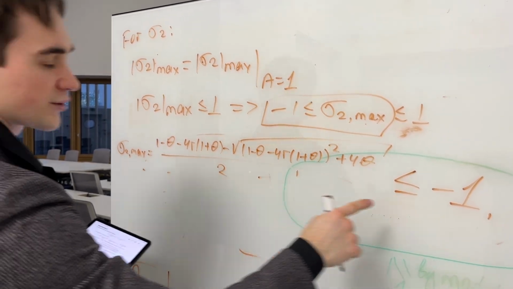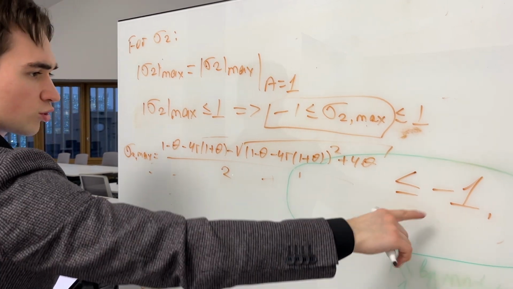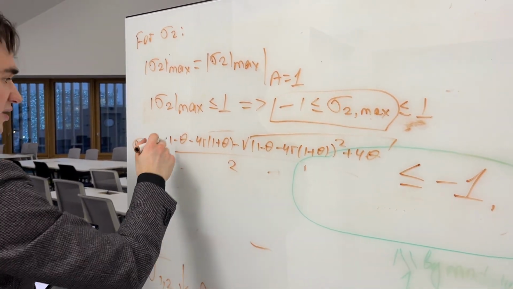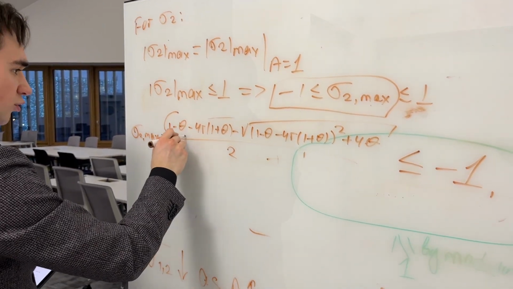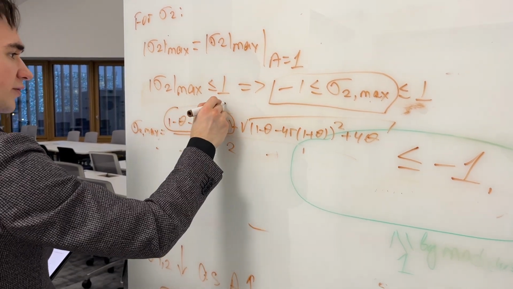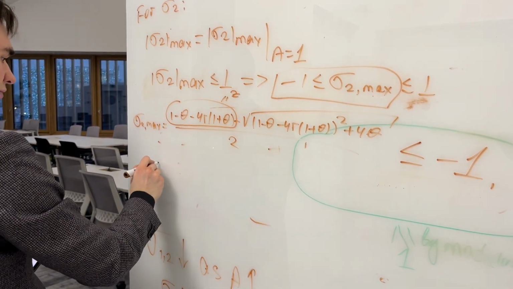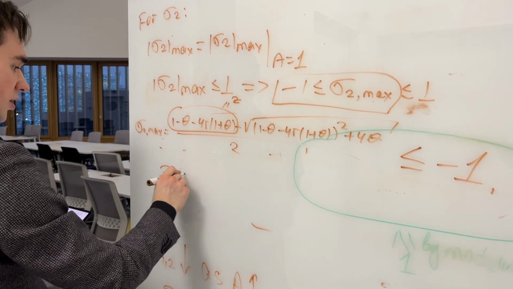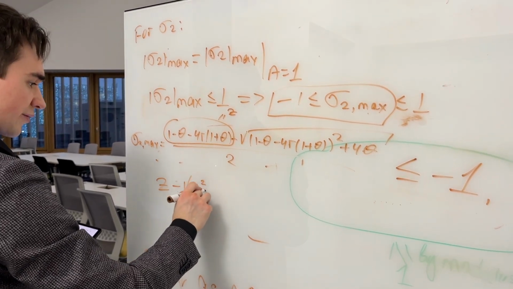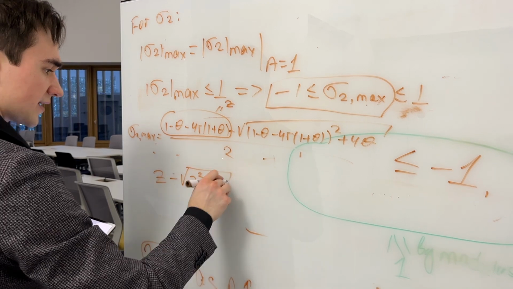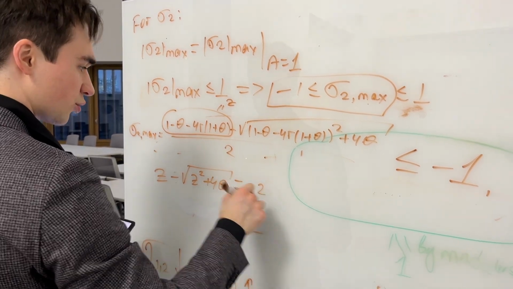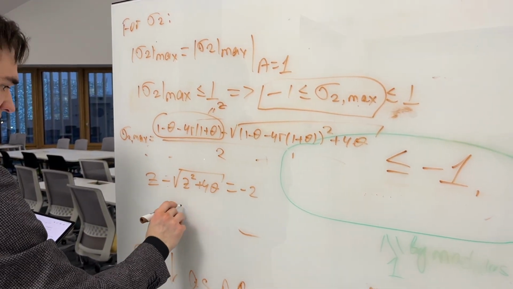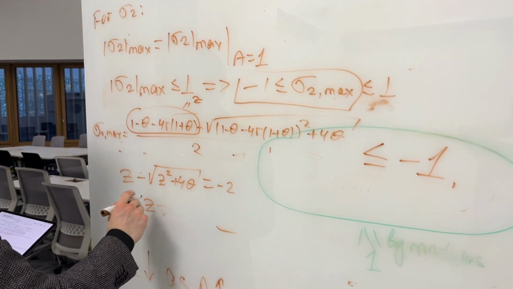You can solve when it's equal to minus 1 and make a substitution. I want to say that this is equal to z, and then I will get something like z minus the square root of z squared plus 4 theta is equal to minus 2. Then I solve and I acquired that.